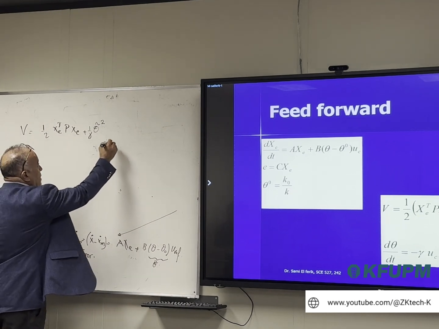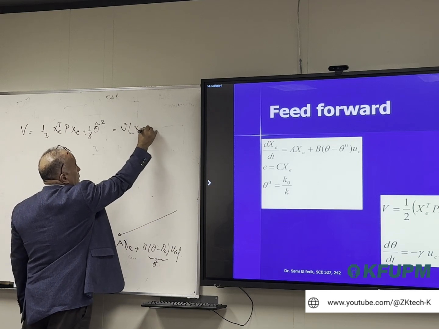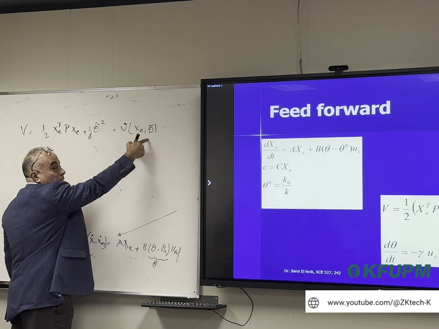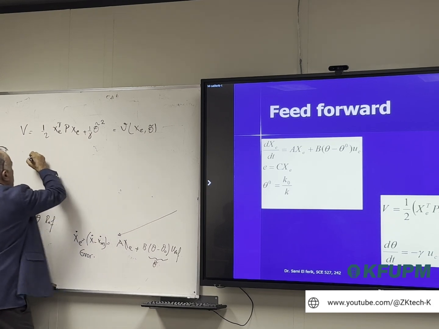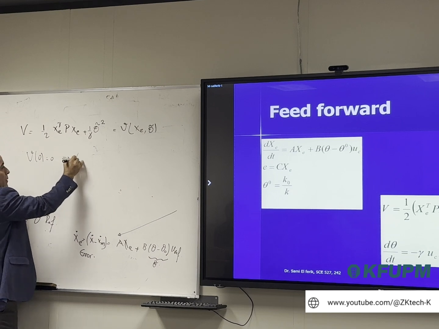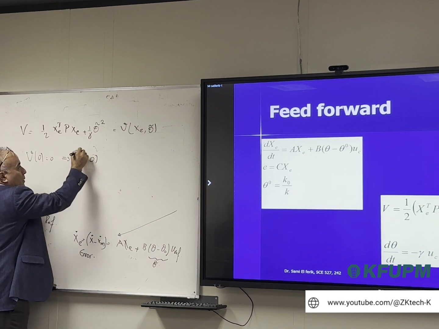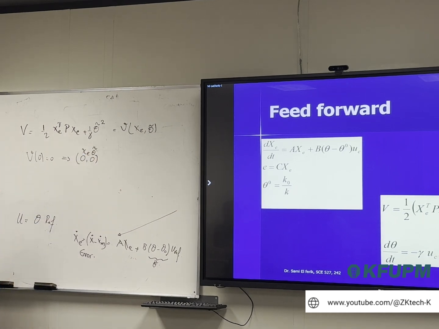So this function is a function of the error in states and the error in parameters, both between the two systems. So when we say V of 0 is equal to 0, our 0 here is 0, 0: 0 in the xe and 0 in theta tilde. So this 0 is a vector. It has to be interpreted as a vector with all the errors that we have inside the system.